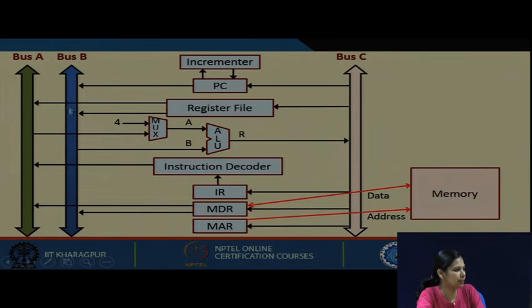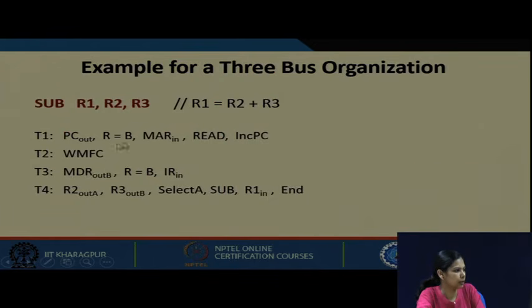As it is available through the B bus, it will be available through this B input. So R equals B, MAR in, read and increment PC. Here, instead of putting it somewhere, there is an incrementer circuit inbuilt, so we are performing it in one go.